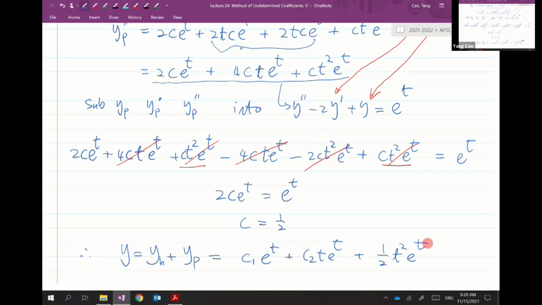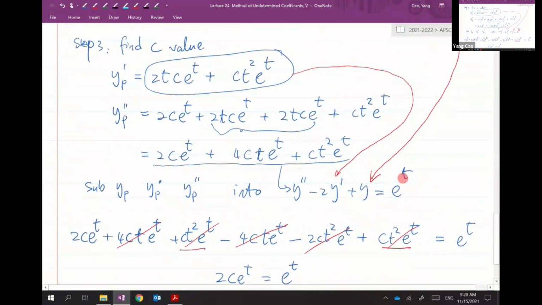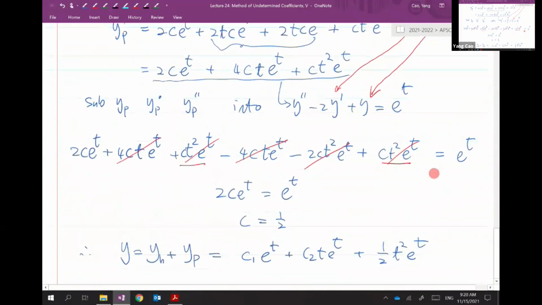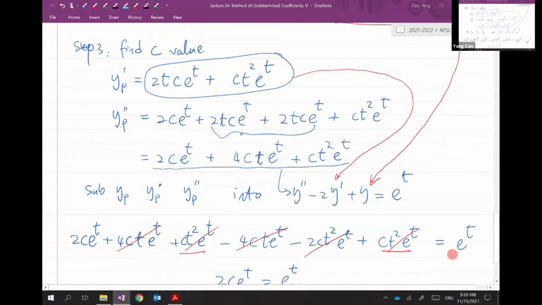Then you should decide, do you need to apply the modification rule? If you don't, then you proceed to the last step, which is to find whatever coefficients are involved for yp, and in this case it is c. To get the coefficients, you need to calculate the first order derivative, second order derivative, and then substitute into the original second order differential equation. Simplify, find common terms, and then solve for the constants.